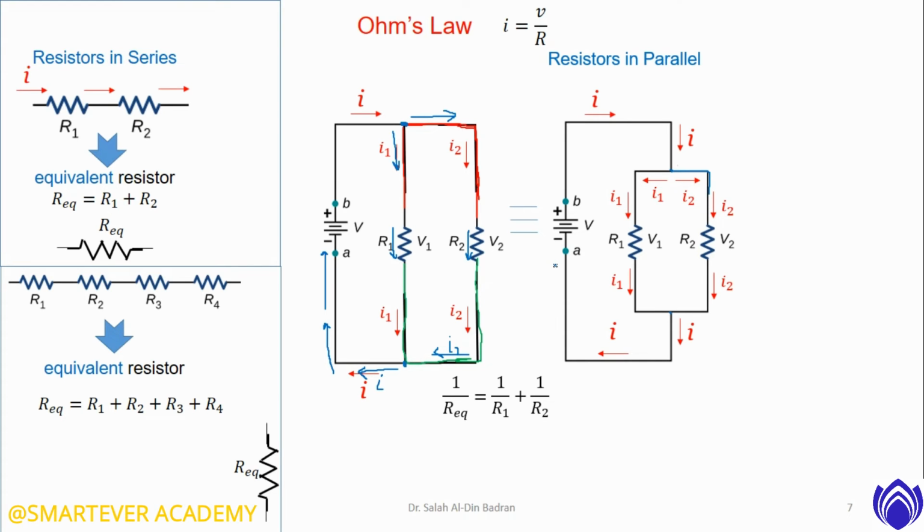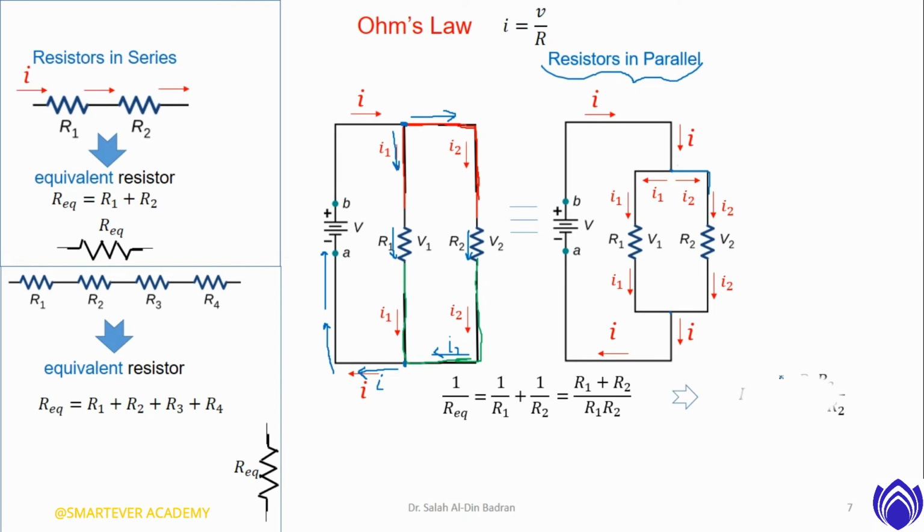The equivalent resistor for resistors in parallel is as follows. The standard formula for resistors in parallel is 1 over R equivalent equals 1 over R1 plus 1 over R2.